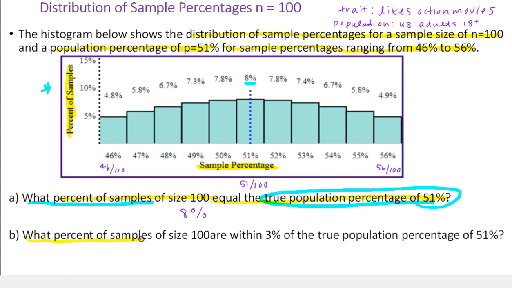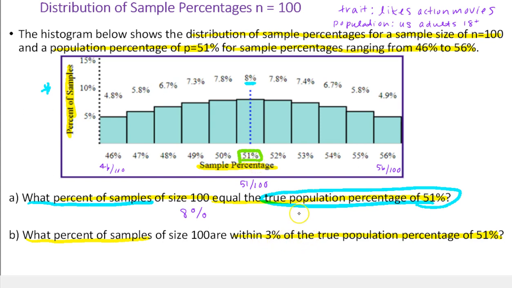What percent of samples of size 100 are within 3% of the true population percentage? Okay, that means we're going to look at the vertical axis again. So let's find this on the horizontal axis. Okay, well, here's the true population percentage.